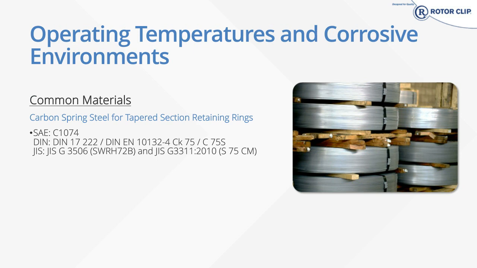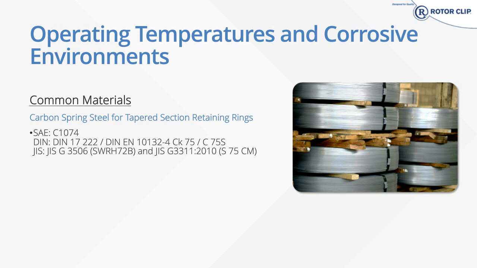RotorClip offers carbon steels certified to 3 global specifications. We offer SAE, DIN, and JIS specs. They're the same material, but they are triple spec to meet your global requirements.